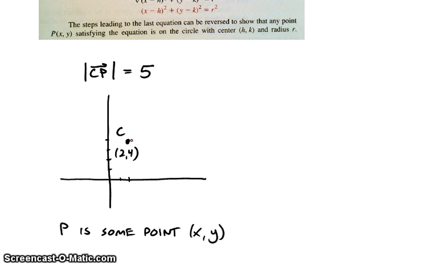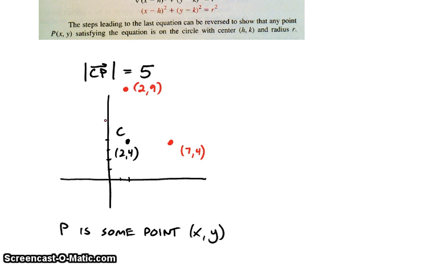So to solve this vector equation, we could put P over here. And just as long as it's 5 units away, we could say the coordinates of this are (7, 4). If I move 5 to the right of (2, 4), I'm at (7, 4). I could have gone straight up, and to go to (2, 9).